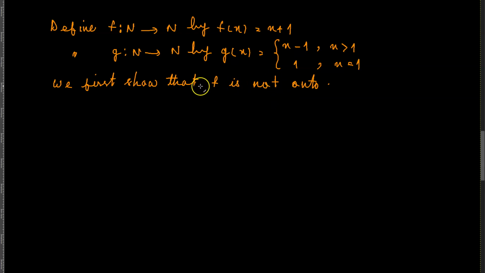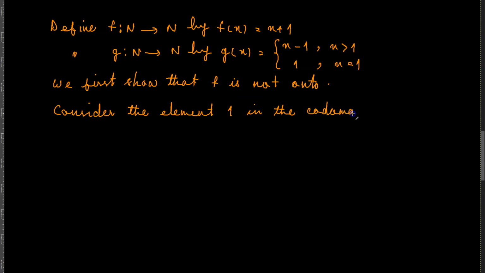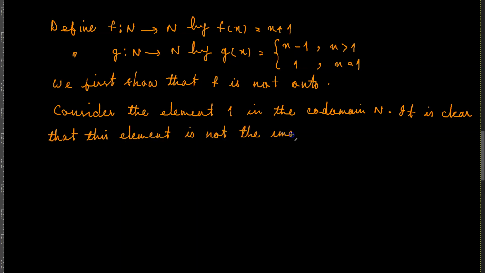For this, consider the element 1 in the codomain N. It is clear that this element is not the image of any element in the domain N, and so therefore f is not onto.